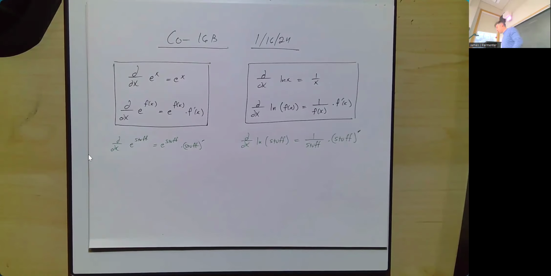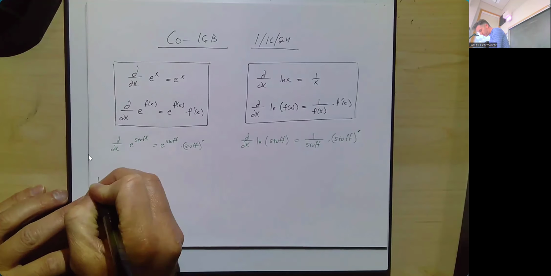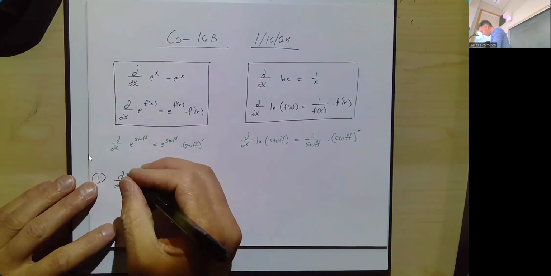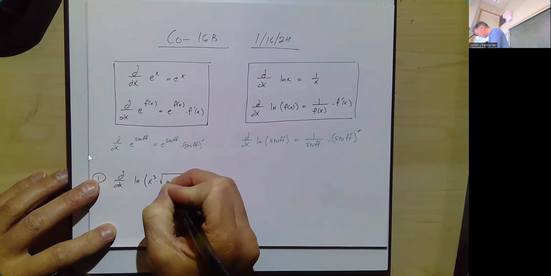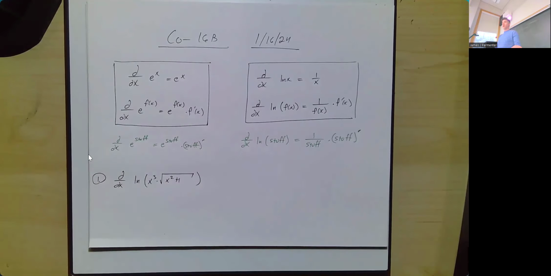I guess, yeah. So for example, if I wanted to find the derivative of, say, the natural log of x cubed times the square root of x squared plus 1, I could do this the hard way.